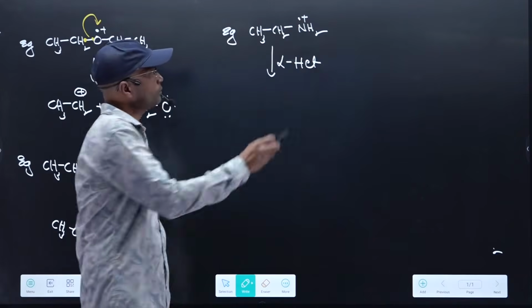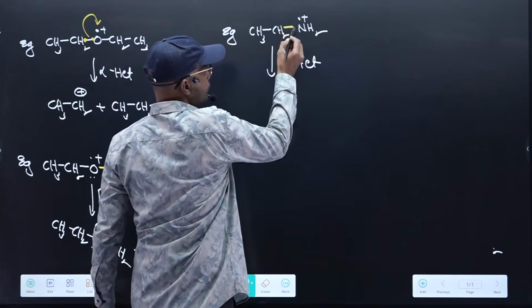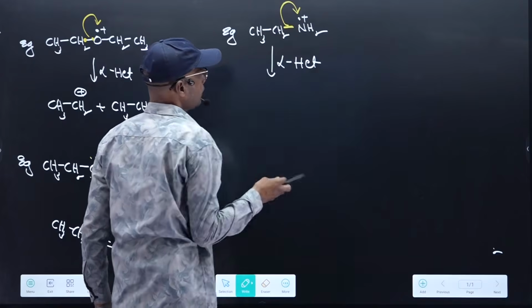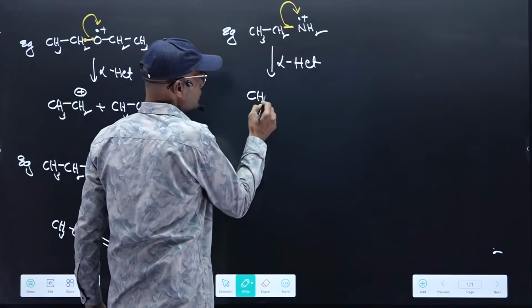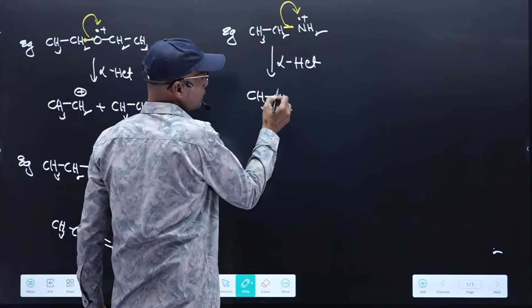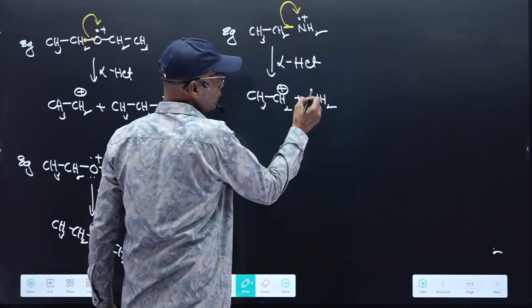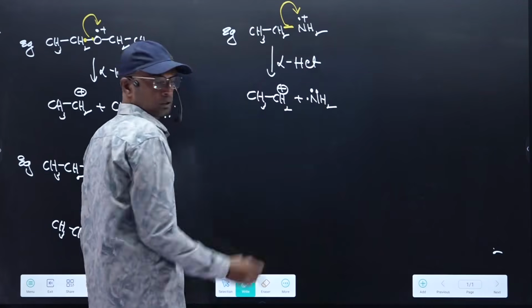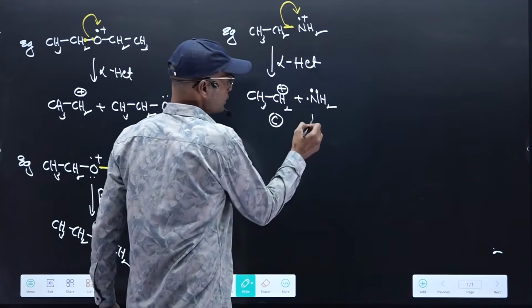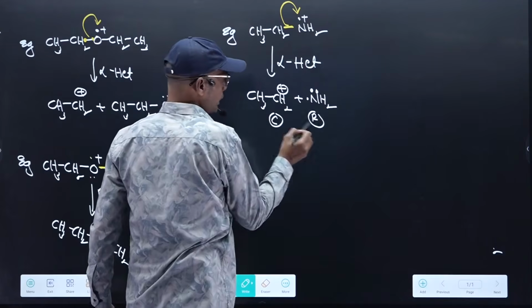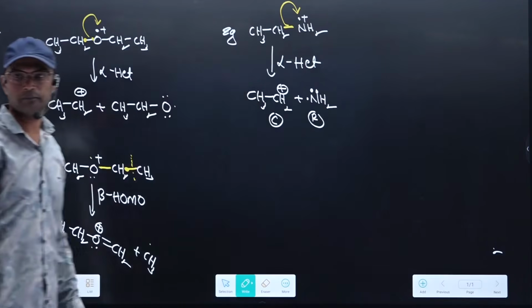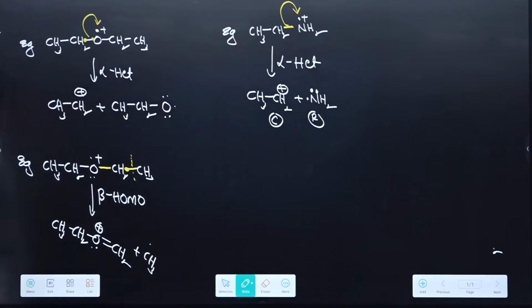Then what is this bond? This is alpha. So transfer this electron here. Then what will you get? This is CH3 CH2, here a cation. And what about nitrogen? Nitrogen carries here one lone pair and one non-bonding electron. Now it is a cation, it is a radical. Radical cation to radical and cation. Yes, it is possible. If you know this one, base peak identification is very easy for individual functional groups.